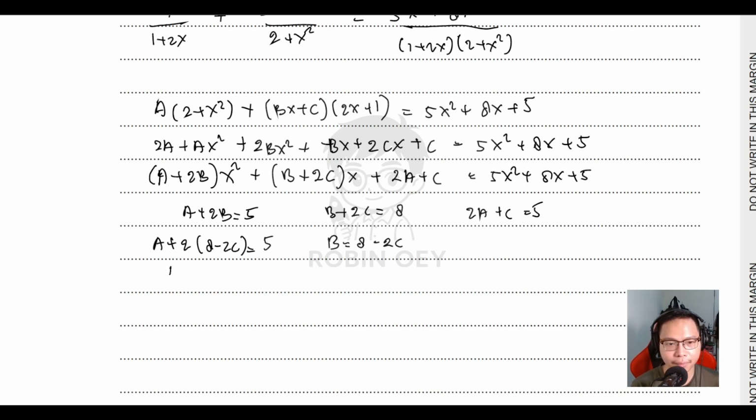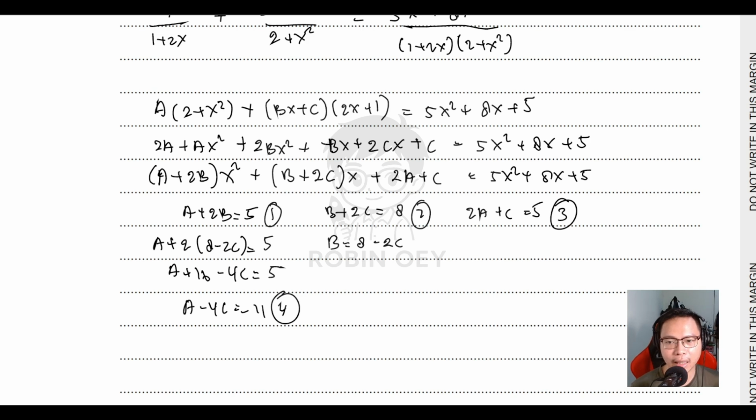So a plus 16 minus 4c equals 5. And I got a minus 4c equals negative 11. Now I have both a and c variables. So, okay, let's say this is 1, this is 2, this is 3, and this is 4.